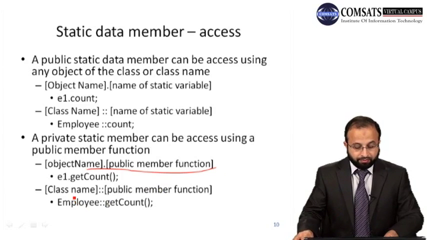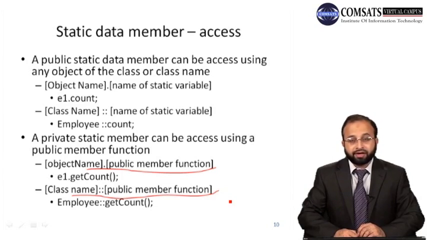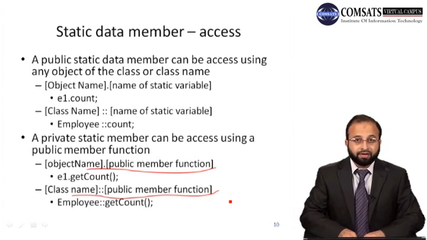Also at this point, when you use it with the class name and the public member function, that public member function is basically also a static function that is used to acquire the value of the static data member. So with the class name, when you call a public member function, you should not be accessing the private data member of any object, right?